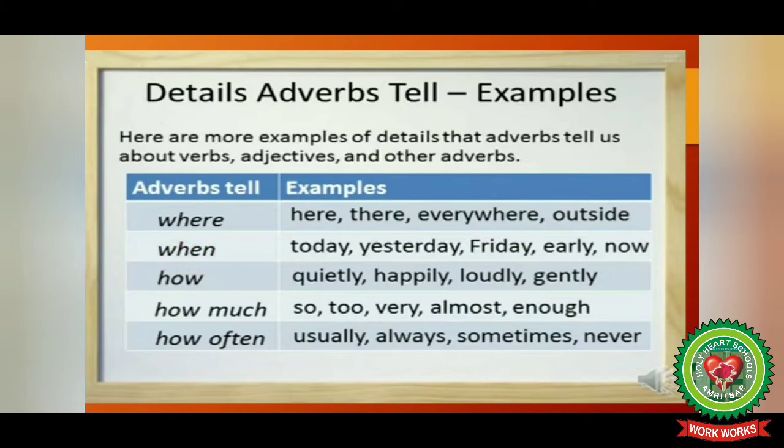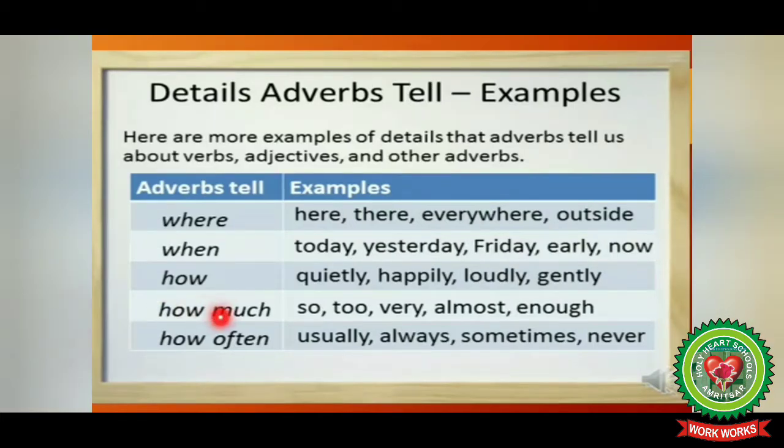The adverbs today, yesterday, Friday, early, and now all tell us when something happened. Next is how. The adverbs quietly, happily, loudly, and gently are all examples of adverbs that tell how something was done.